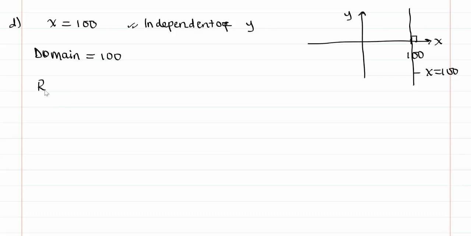And the range, which is the set of the values of y, will be any real number, because any real number is defined by 100 for this case. So our range is a set of all real numbers.